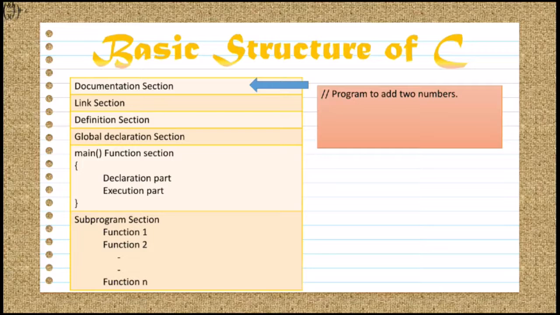Multi-line comments are declared using /*, then your multiple comments, and after writing multi-line comments, close with */. For example, if you want to write the name of program, author of program and date when program is created, then you can write multi-line comment as /*, then program to add 2 numbers, that will be in first line, then in second line author name, and in third line date of when program is created.